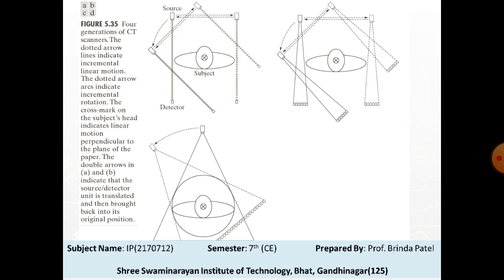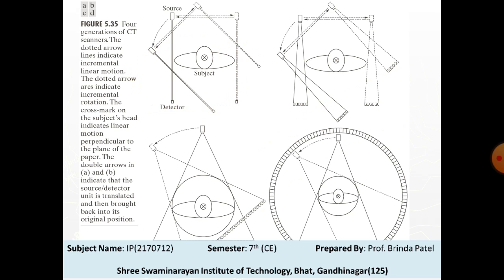As explained in the previous sections, the cross mark on the head of the subject indicates the motion in the direction which is perpendicular to the plane of the source detector pair. So a set of cross-sectional images is generated by incrementally moving the subject.